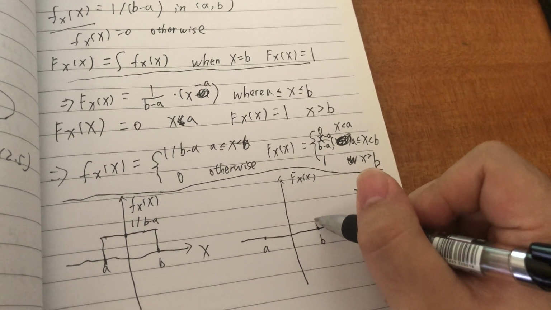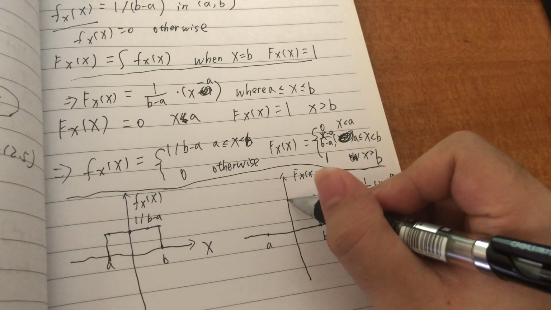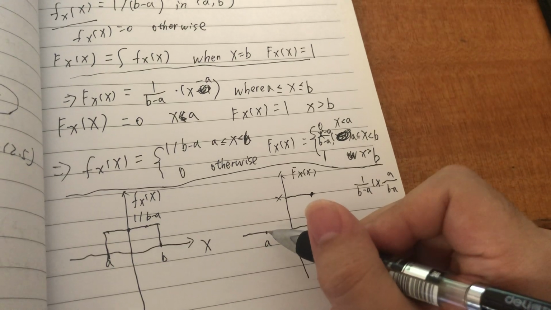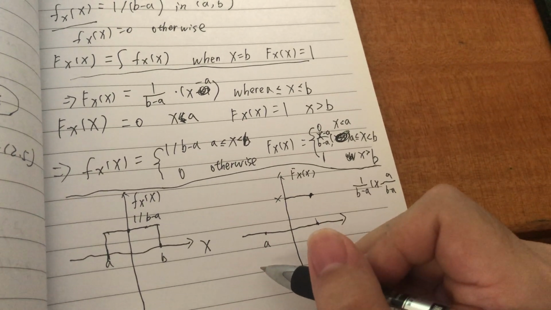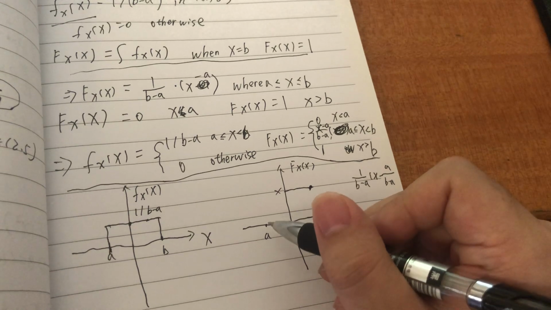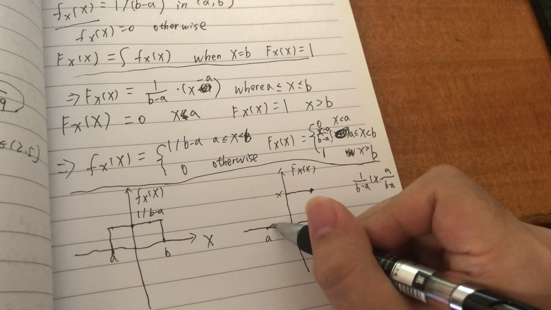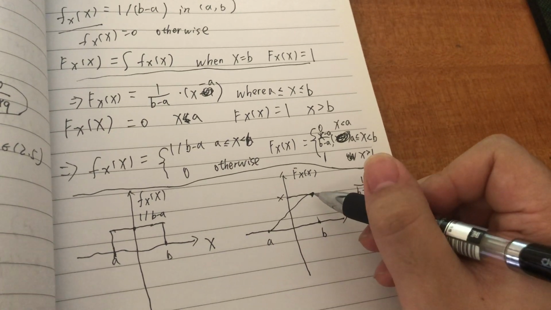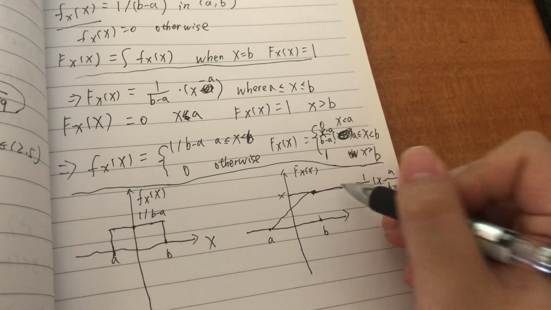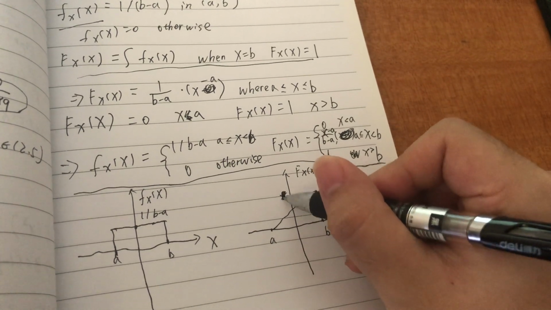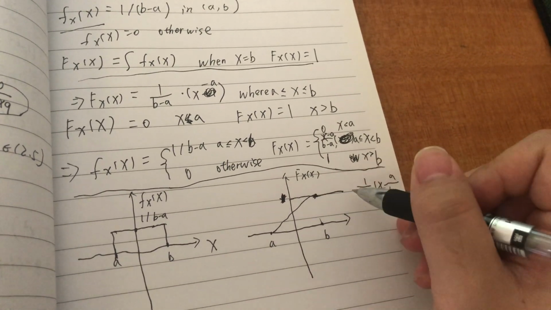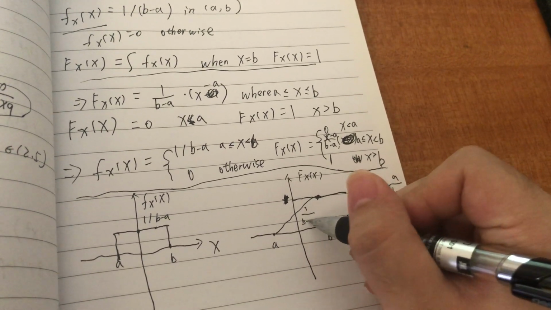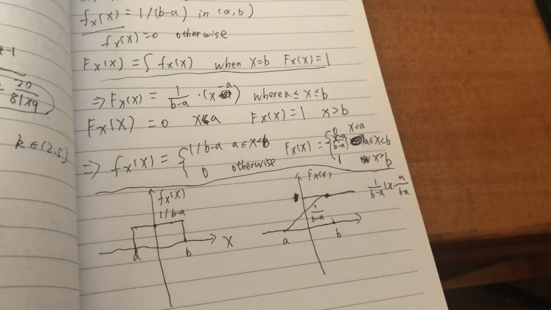When x equals b, the capital F_X equals 1, so here we get this point. And when x equals a, F_X is 0. We just connect these two points, and if x is greater than b it stays constant at 1, sorry. So this is capital F_X, and the slope is 1 over b minus a.